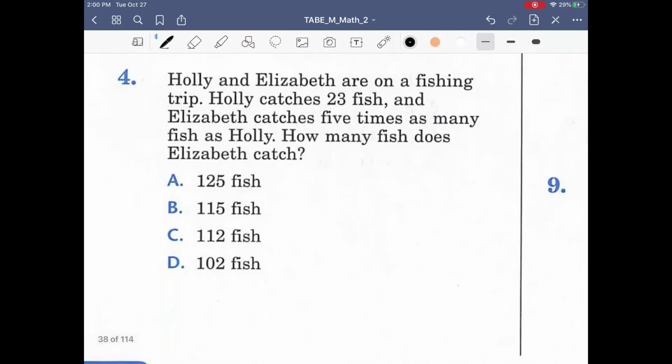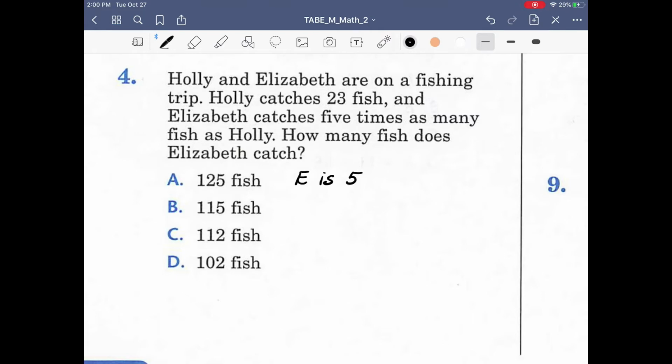Number 4. Holly and Elizabeth are on a fishing trip. Holly catches 23 fish, and Elizabeth catches 5 times as many fish as Holly. How many fish does Elizabeth catch? So they tell me that Elizabeth is 5 times Holly, and that Holly catches 23.